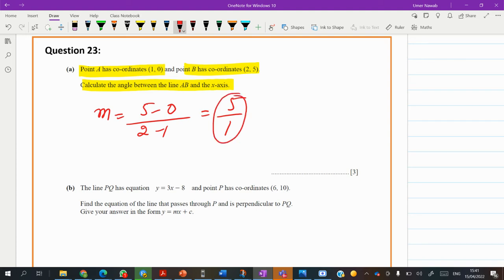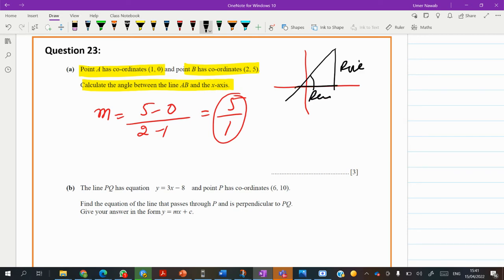That's pretty simple. No need to go into any further detail because whenever any line is making an angle with the x-axis, you normally do this thing. Any gradient is given to you. So if this is the line, the gradient is rise over run.